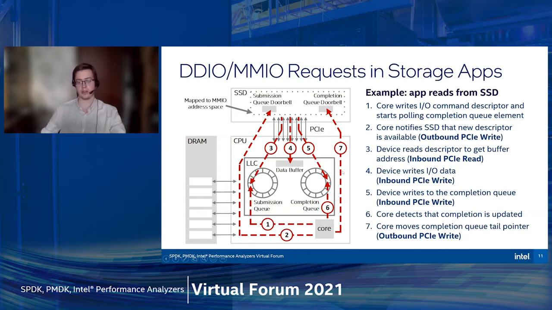So as you can see, to make just one pure read from the application perspective, we need to make two outbound writes, one inbound read, and two inbound writes. And actually, it also depends on the size of the data itself, because the integrated I/O controller talks to the L3 cache with cache line granularity.